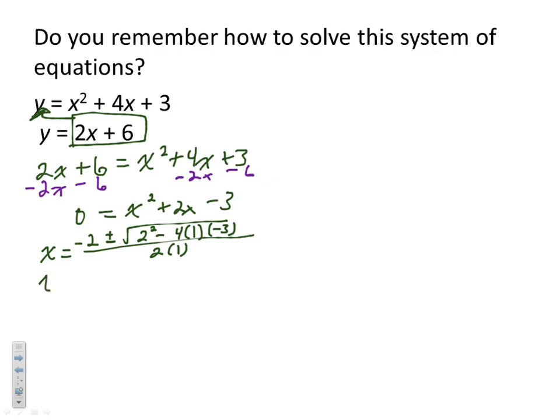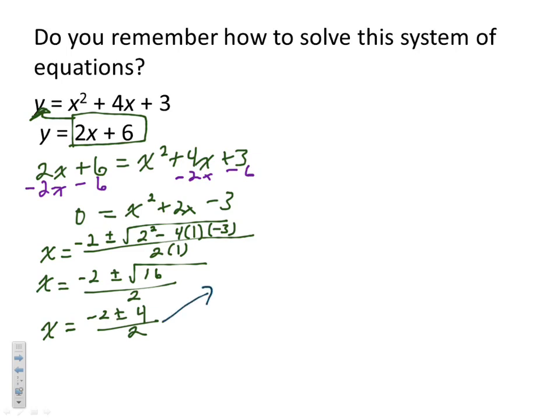So x equals negative 2 plus or minus the square root of, let's see, that's going to be 4 plus what? That's right, 4 plus 12. And 4 plus 12 is 16, all over 2. So x equals negative 2 plus or minus the square root of 16, which is 4, all over 2. So now I have my two separate cases.